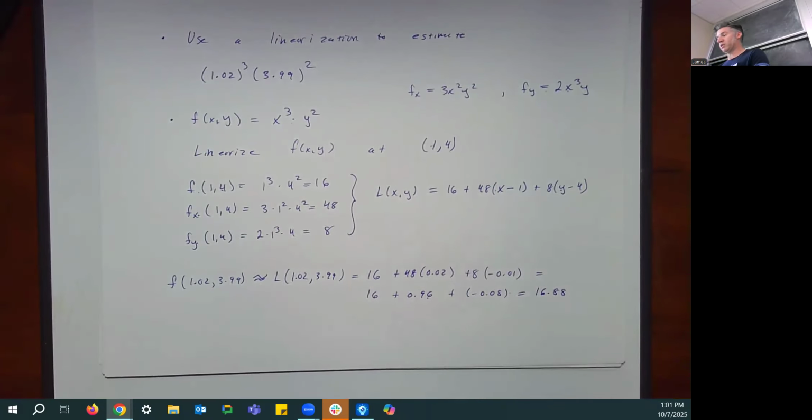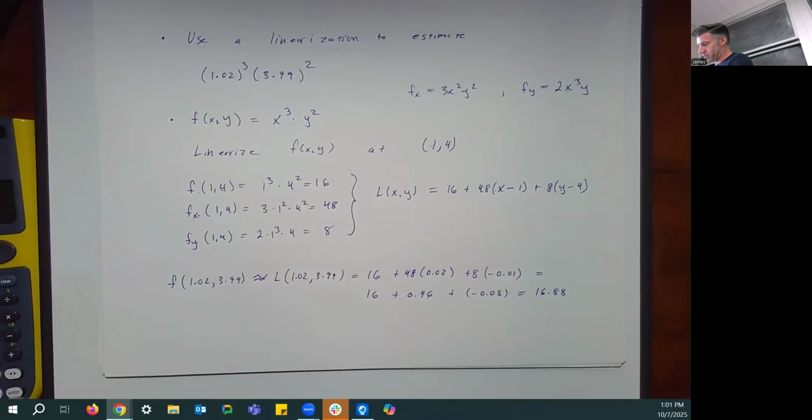So now the question is, oh, compare with the value given by a calculator and compute the percentage error. So we use a calculator to compute this.